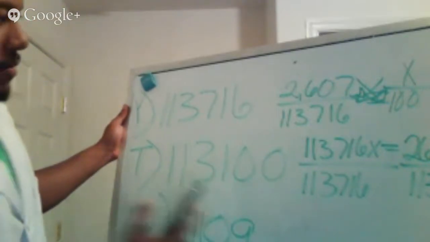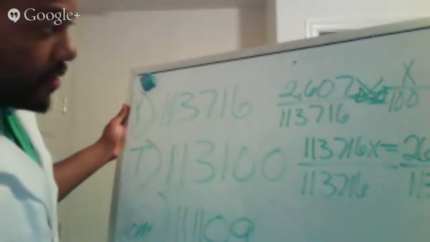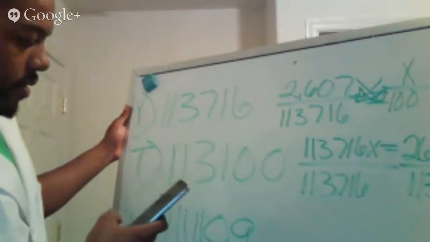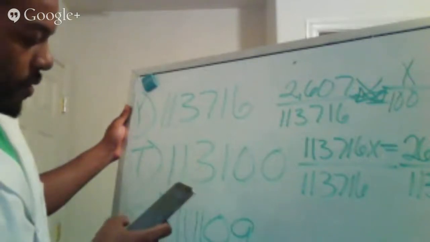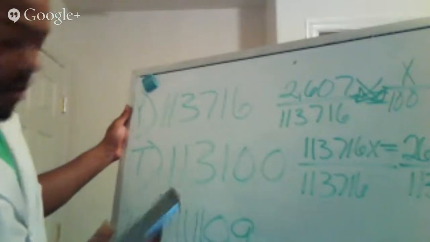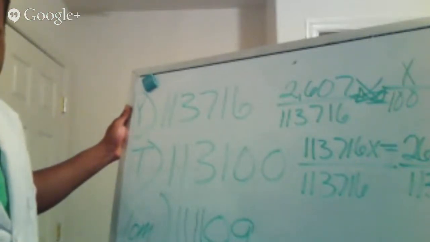And when you're typing it in, you do 260,700 divided by 113,716. All right.